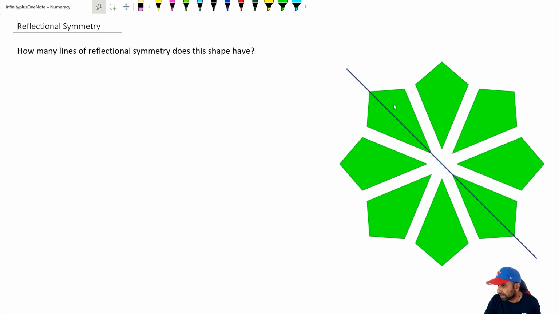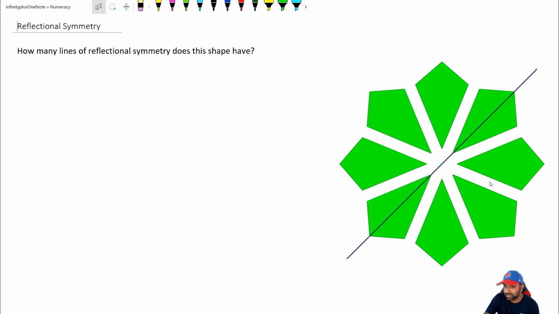There we go, that's 45 degrees, so another 45 degrees later, you've got another line of symmetry. Basically this part is getting reflected on this line, and I should be able to do it again, top reflecting the bottom, and one more time where the top left is reflecting the bottom right.